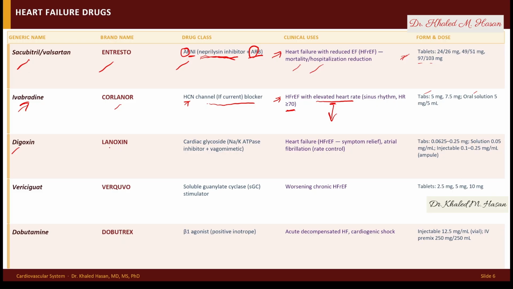Digoxin, brand name Lanoxin, belongs to the cardiac glycosides. How does this medication work? It blocks the pump called sodium potassium ATPase. In addition, it is vagomimetic, meaning vagal, acetylcholine.